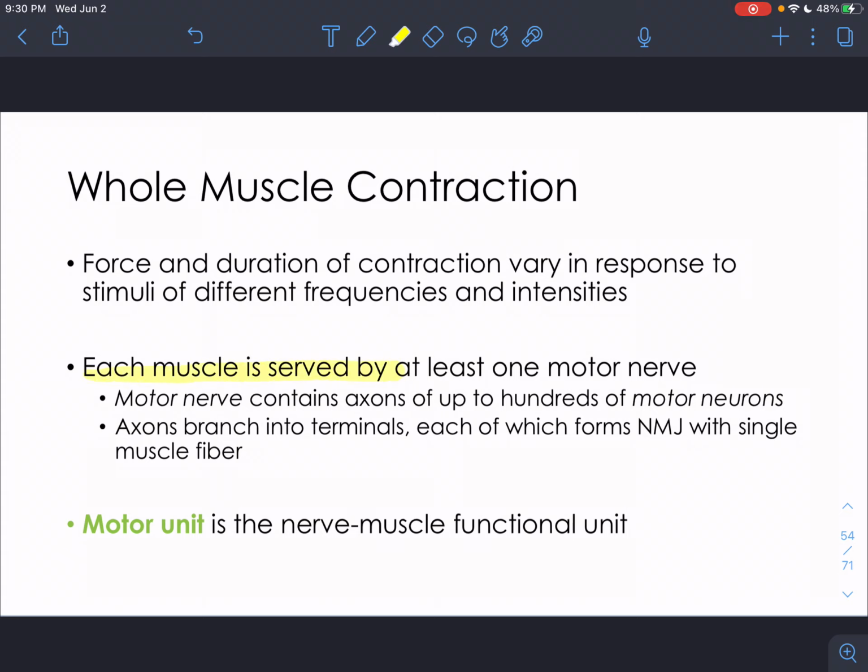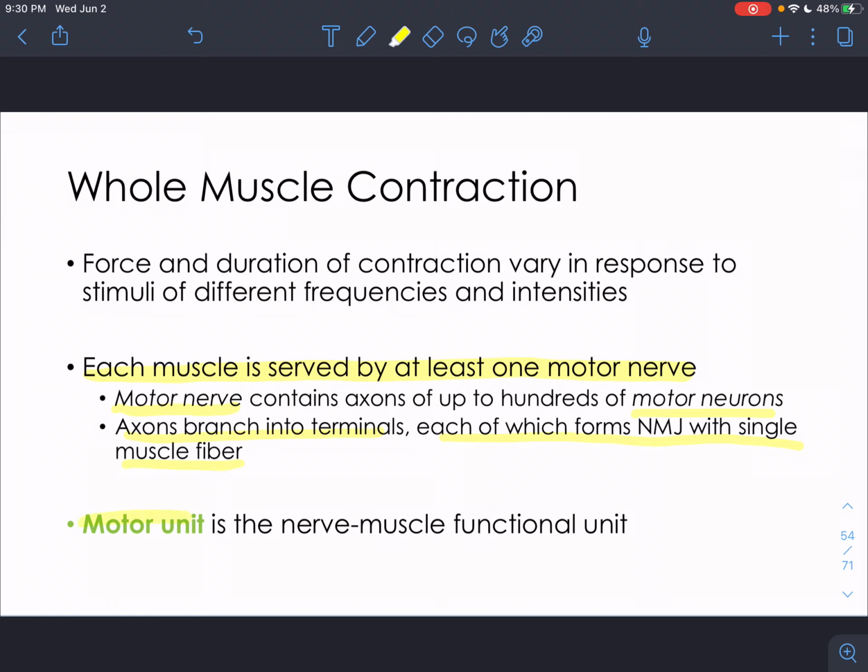Each muscle is served by at least one motor nerve. Okay, remember the motor nerve contains axons of up to hundreds of motor neurons. Axons are going to branch into terminals, each of which forms one neuromuscular junction with a single muscle fiber, but you can have axons branching to form multiple terminals into multiple muscle fibers.